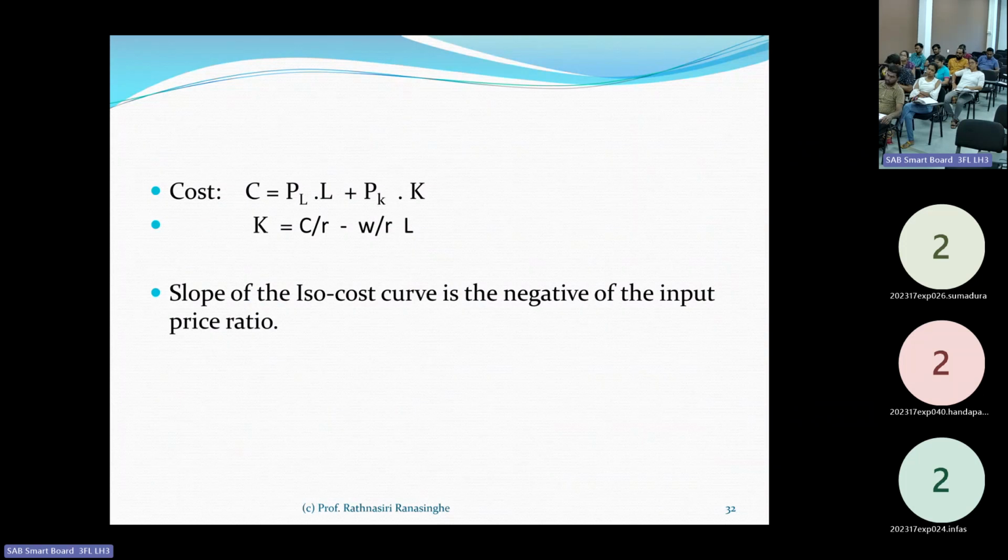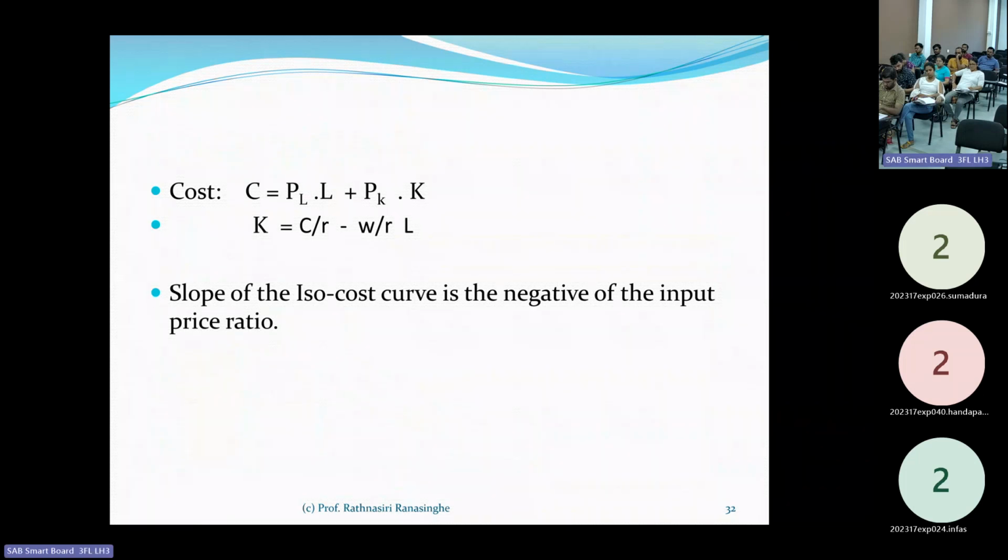Plus the price of capital, PK, times the capital inputs that we incorporate. So PK times K means expenditure on capital. That forms the total cost, or the total outlay, equal to expenditure on labor plus expenditure on capital.